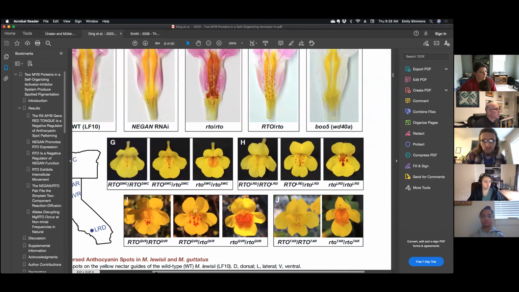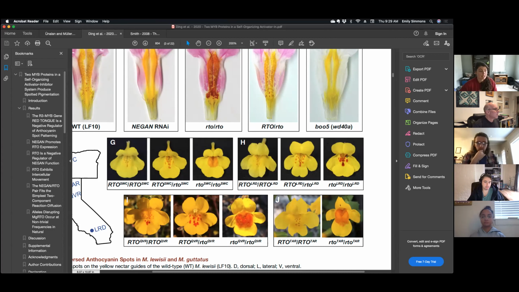So if you look at these naturally occurring populations and their interactions with knockouts, you can see the differential effects of what happens when you have RTO knockout applied to different, well, they're not species, but varieties. We get these guys. Interestingly, this one seems to have a much smaller effect on the nectar guides.